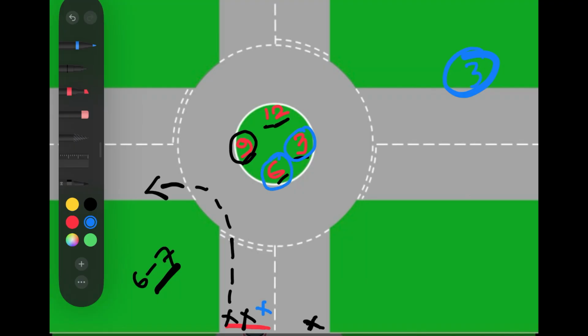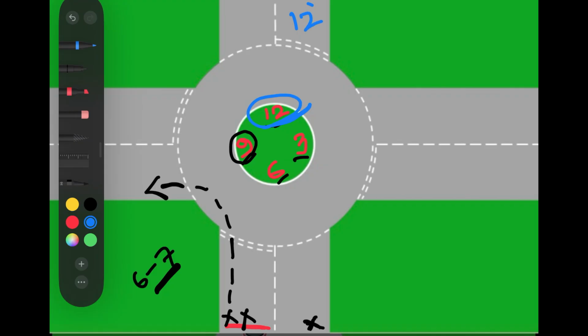Now we are turning right, third exit, 3 o'clock position. So we should signal right as we approach towards the junction. So we are signaling right, and signal left from this point and then take the exit.